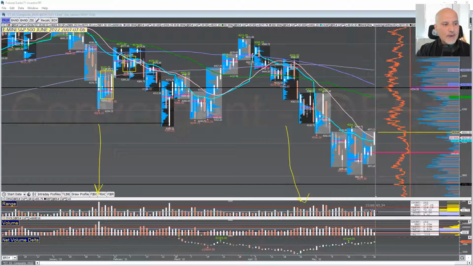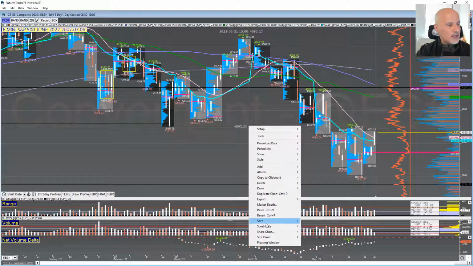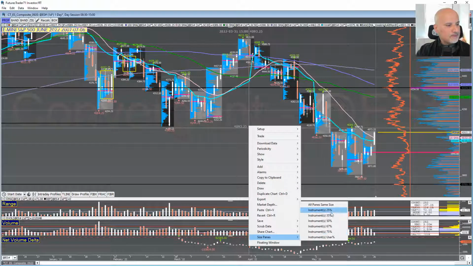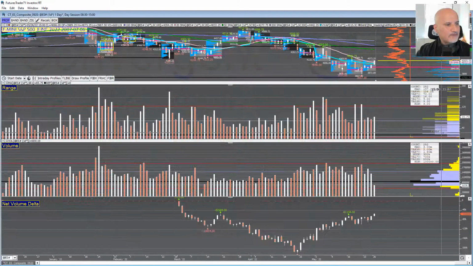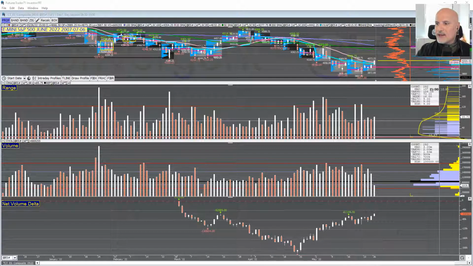So that range is then being translated into a histogram to the right. So let's make these bigger. So that range is being translated into a distribution right here. And then we're looking for the mode and the first sigma of that distribution.